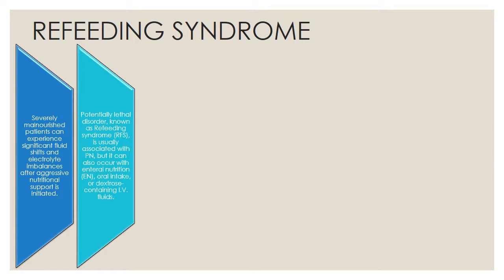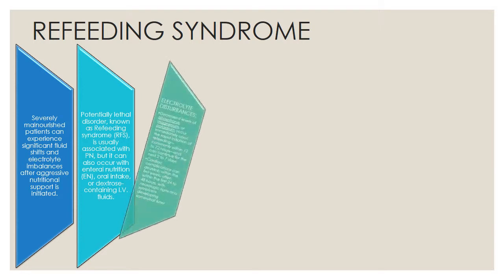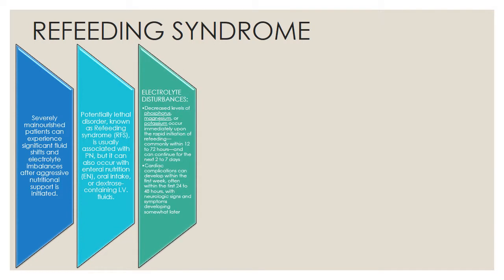It is usually associated with TPN or PN, but it can also occur with enteral nutrition or EN, oral intake, or dextrose-containing IV fluids. Electrolyte disturbances also occur. There are decreased levels of phosphorus, magnesium, or potassium that occur immediately upon rapid initiation of refeeding, commonly within 12 to 72 hours, and can continue for the next 2 to 7 days.